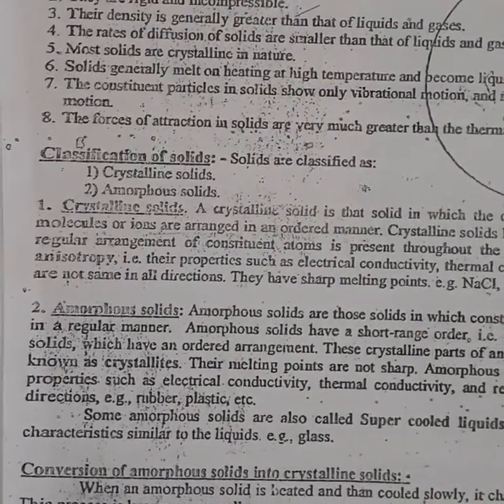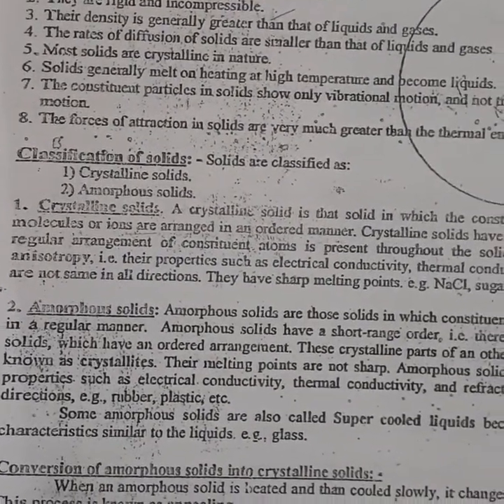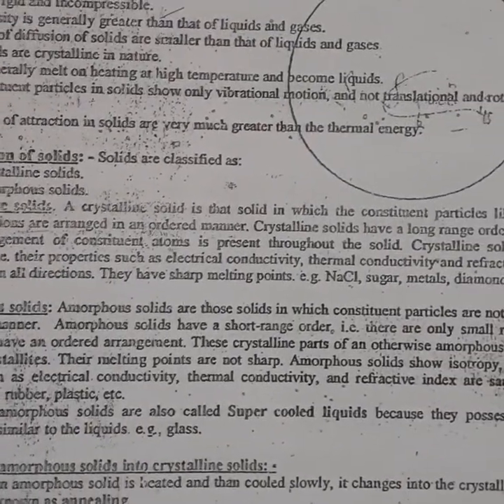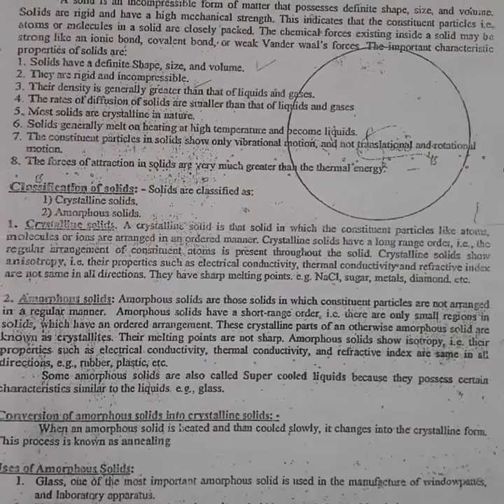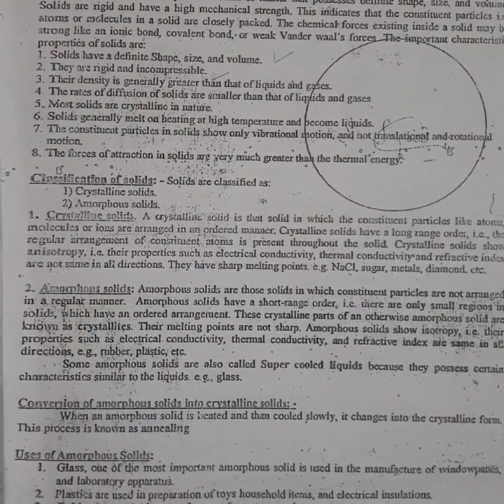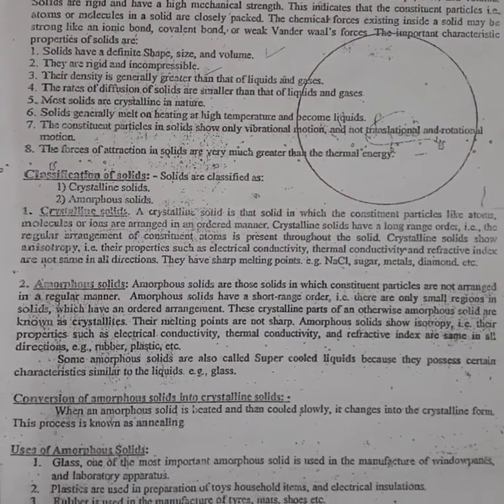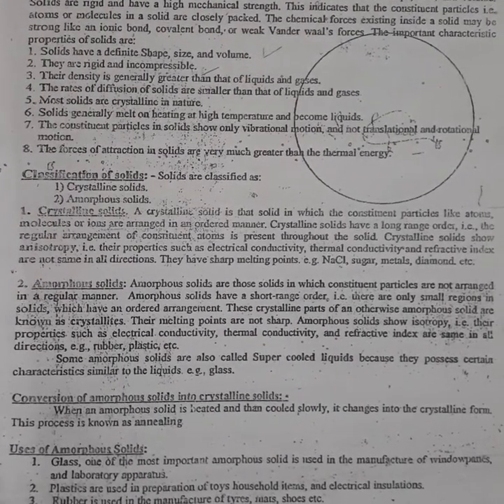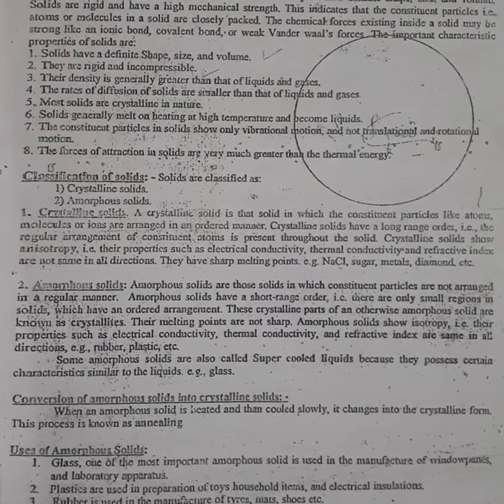Crystalline solids may be defined as solids in which the constituent particles like atoms, molecules, or ions are arranged in an ordered manner. You remember that there are three types of constituent particles, the particles which matter is made up of: atoms, molecules, or ions.